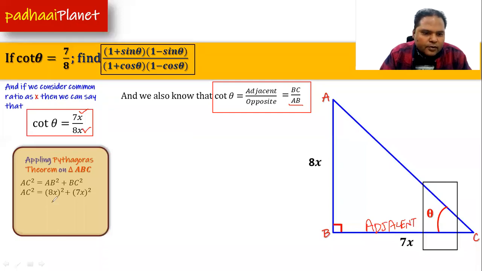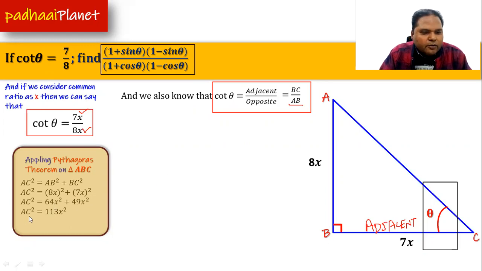Now when we simplify it further, it becomes 64x square plus 49x square, and finally it is 113x square.